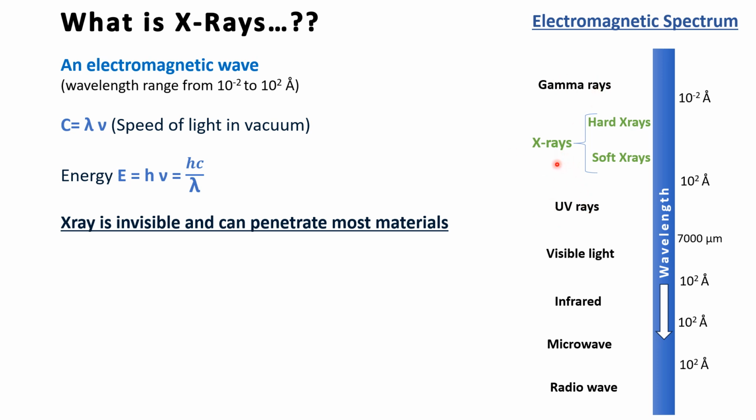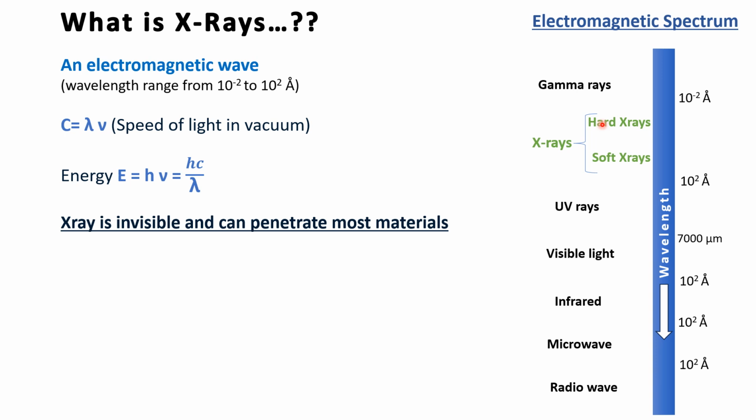It is also interesting to know that the ranges of X-rays and gamma rays overlap. That means there is a portion of wavelength which comes under gamma rays as well as X-rays. So how do you distinguish if it is gamma rays or X-rays?